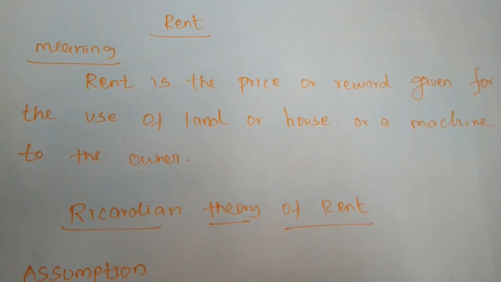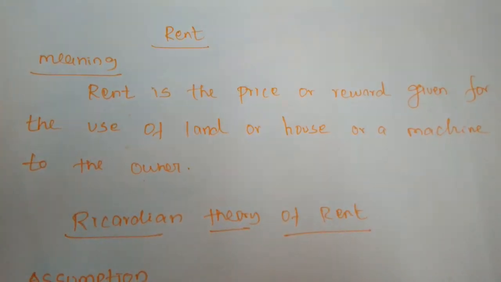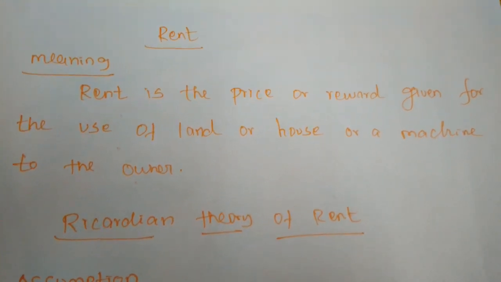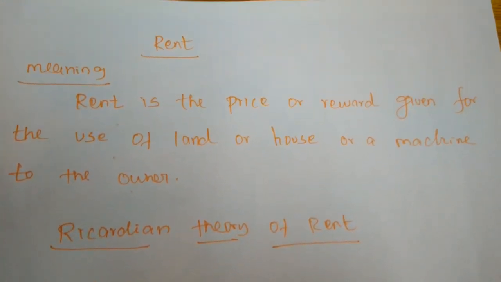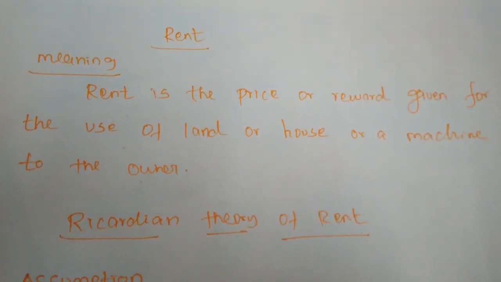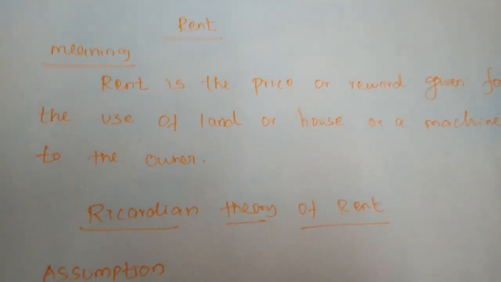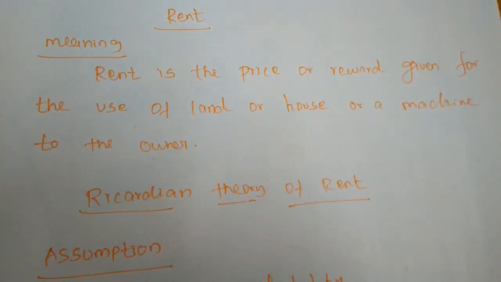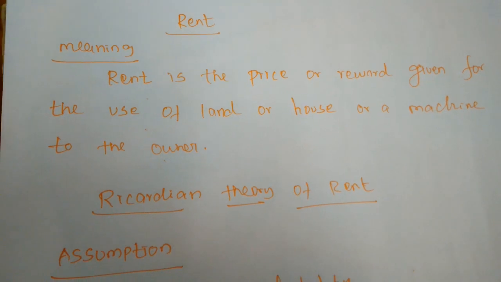Suppose the owner has his own land, house or machines. Even then, he has to allot some amount of money in the form of rent. Then only can he calculate the total revenue or the net revenue.